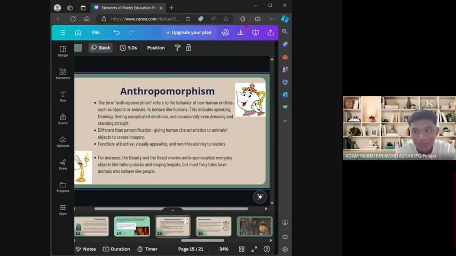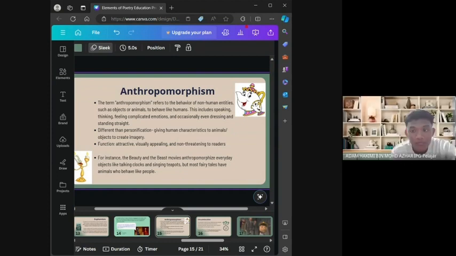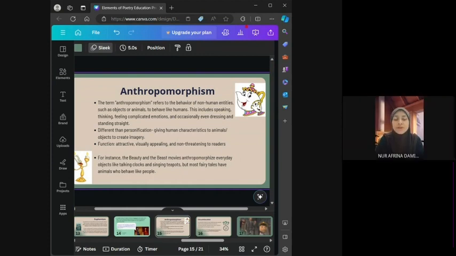How about you, Afrina? As for me, I like foreshadowing. If you watch a movie or read a novel, foreshadowing is a hint of something that is going to happen in the next stage.